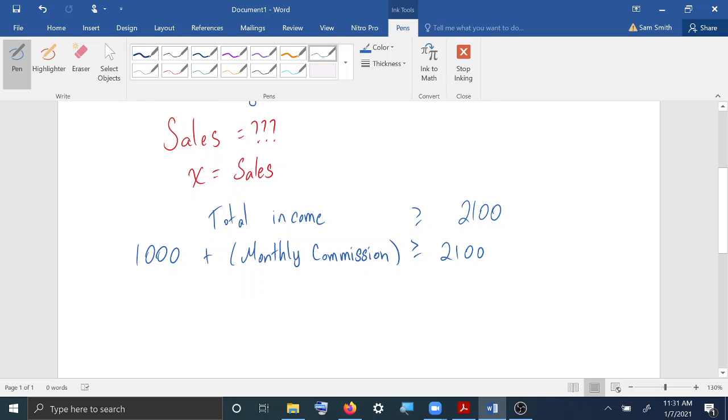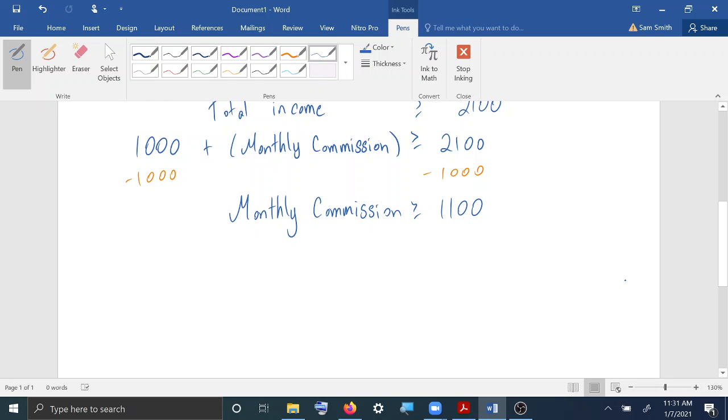If I rearrange this a little bit and subtract that $1,000 from both sides, we're saying that we want our monthly commission to be at least as large as the $1,100, which is not covered by our base monthly income.